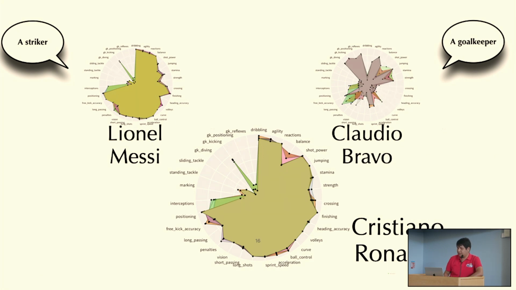If you compare with the graphic of Cristiano Ronaldo, you can find that the shape of these strikers is different from the goalkeeper. We use that to analyze football players in a small example that we have for Roassal.